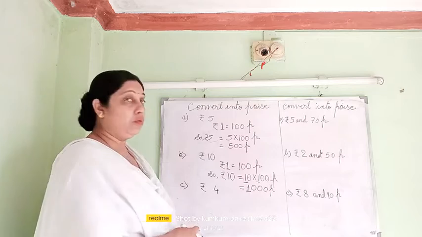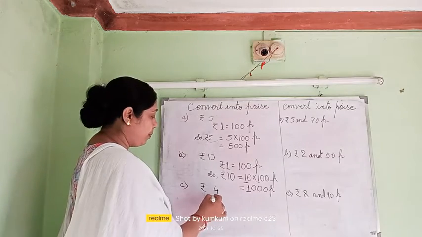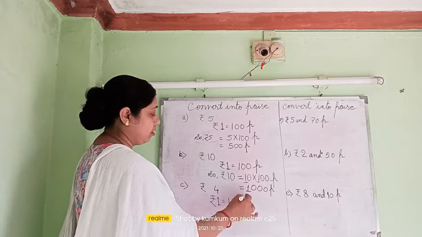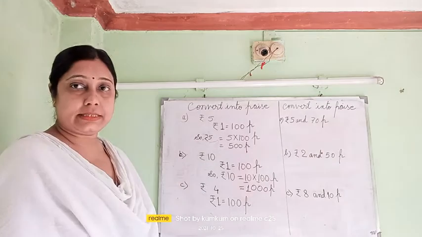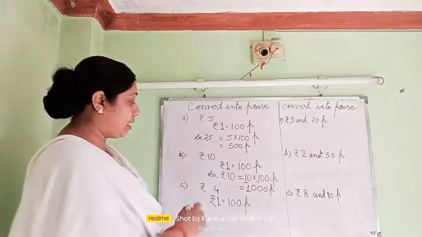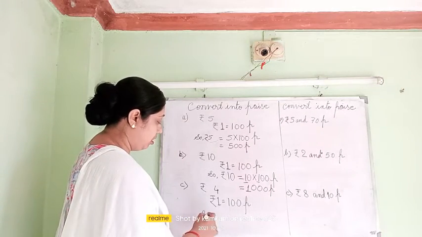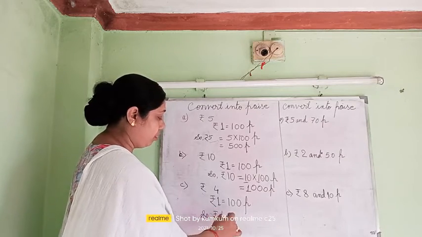Next one, 4 rupees. Now again I will write here 1 rupee equal to 100 paise. Now you are asked to take out the value of 4 rupees. So I will write here the rupee sign and then I will write 4.